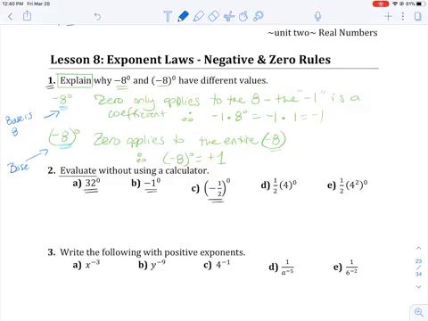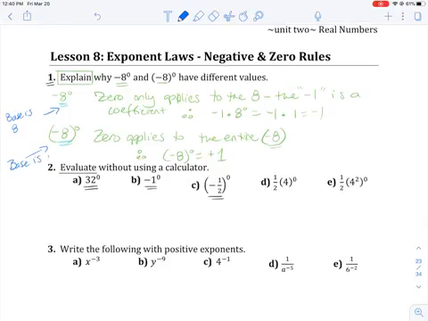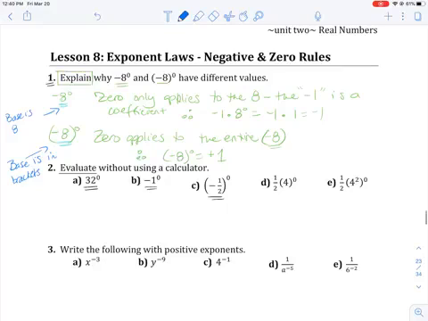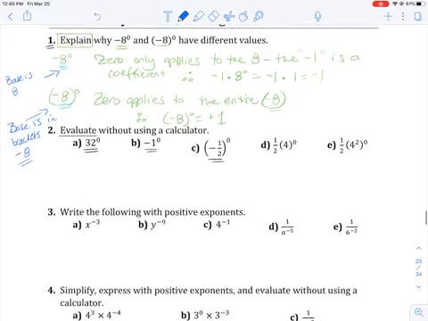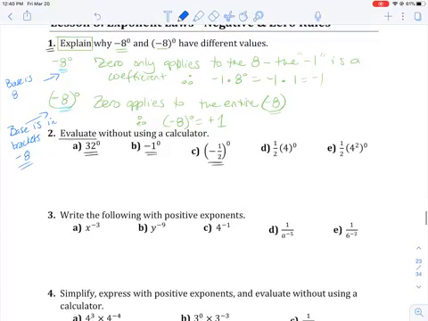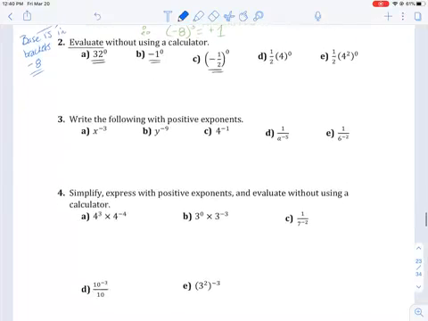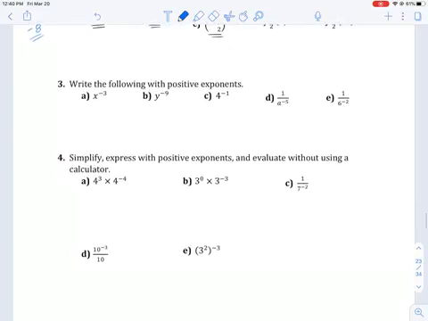Here, the base is in brackets, which is negative 8. And the exponent applies to the base. Okay, so some kind of explanation like that would be great.